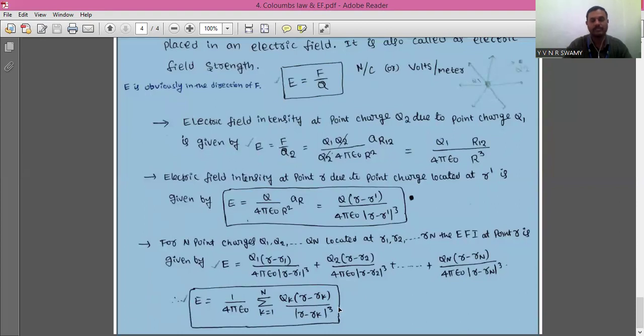So this is the electric field intensity for n number of point charges.